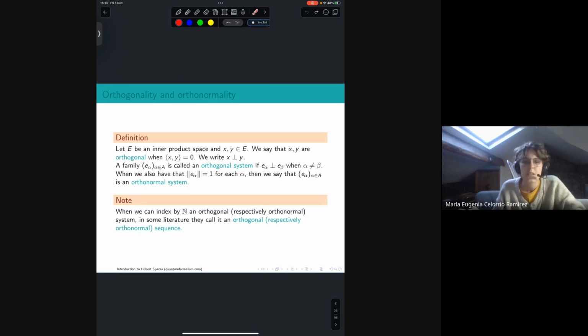Now, I'm just adding this because in one of the references I'm using, whenever the set in which we are indexing this system is the natural numbers, they call it an orthonormal or orthogonal sequence. So just bear that in mind if you see that. This set can be any set. It can be finite, it can be the set 1, 2, 3, 4, 5, or it can be infinite.